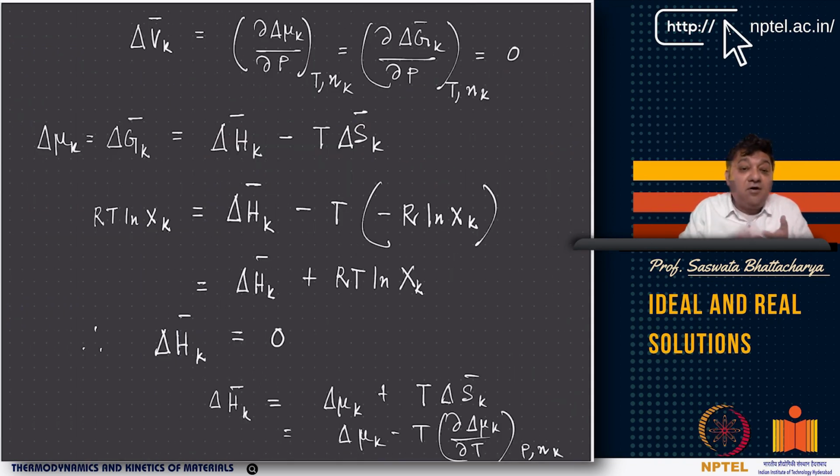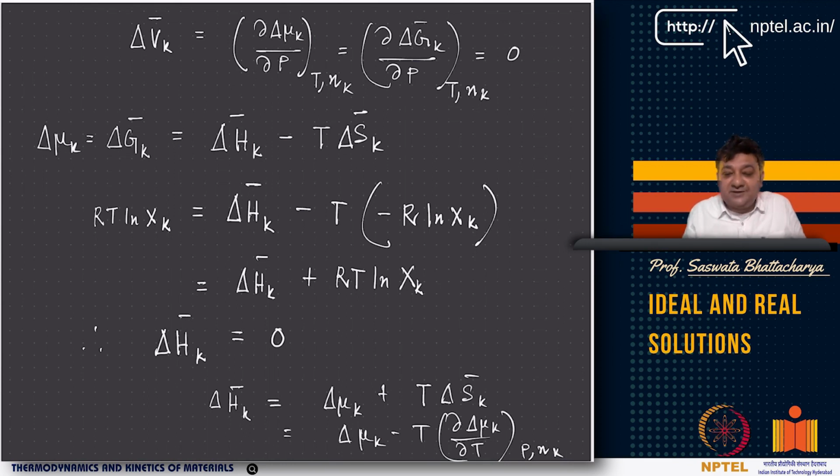You got all the other properties that you cannot measure directly. You cannot measure directly delta H or delta HK bar or delta GK bar, even delta VK bar. Measuring these directly is very difficult, right?